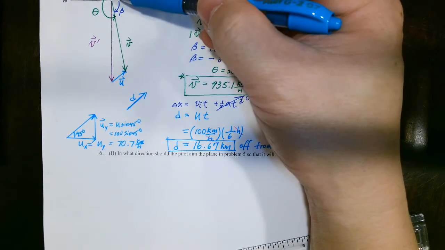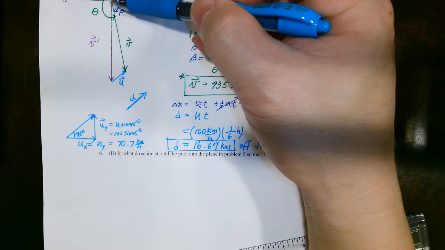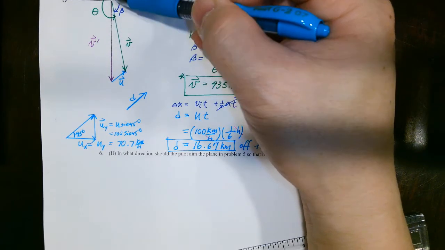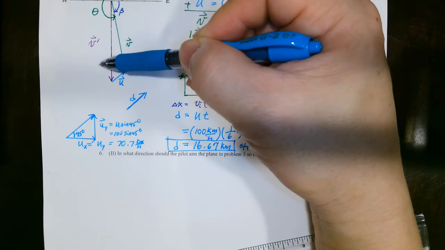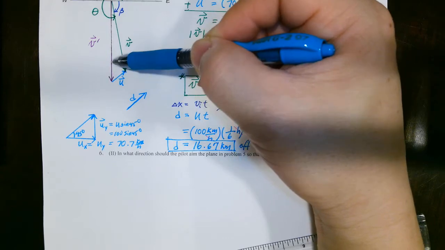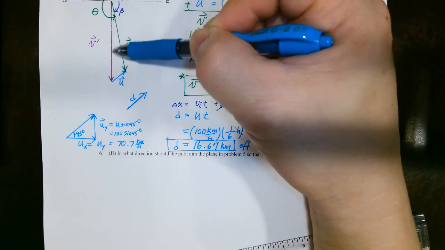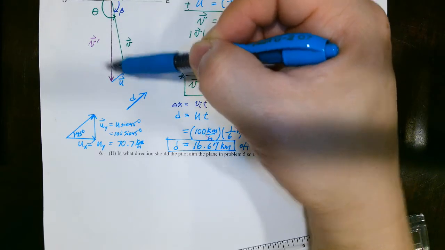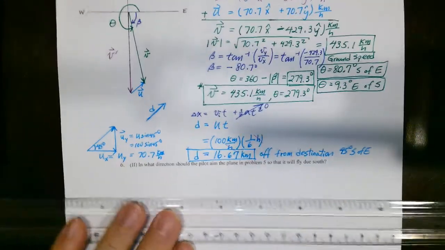Now, in order to do a corrective measure, the pilot should aim the plane sort of towards the wind, right this way, so that the wind will blow it back into its course, so the actual path will be straight down south.